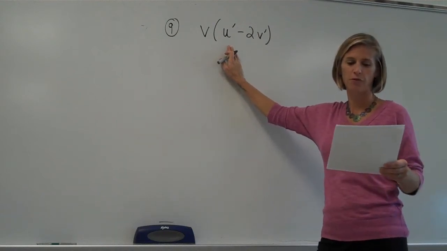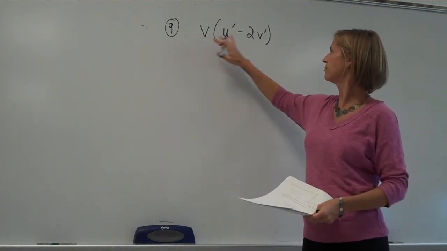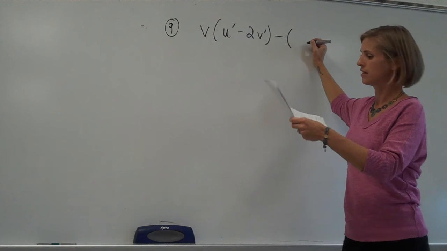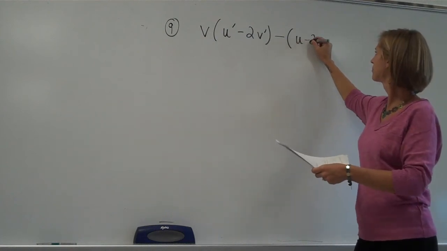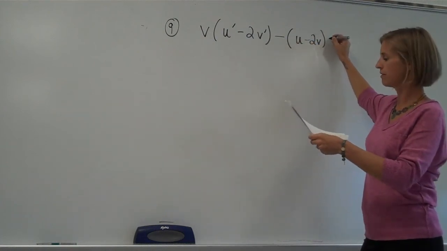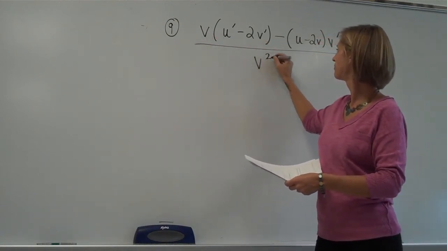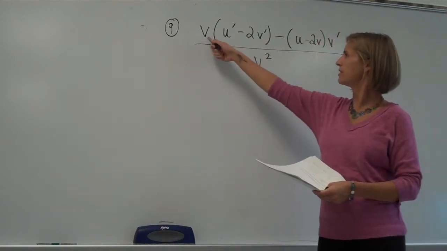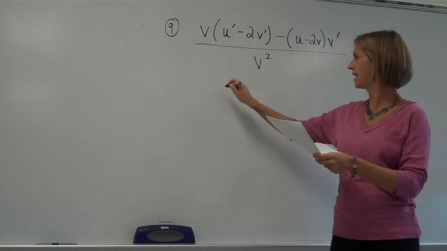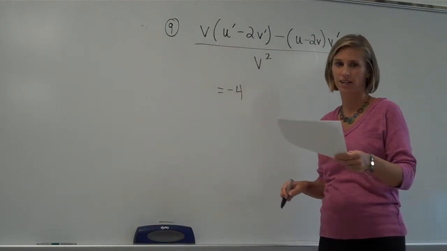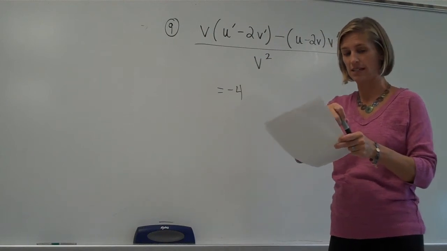We did a problem like that before. So bottom times the derivative of the top, minus the top times the derivative of the bottom, all over the bottom squared. Plug in the values for u and v prime, and I got negative 4 as my final answer. So go and check that and see what you get.